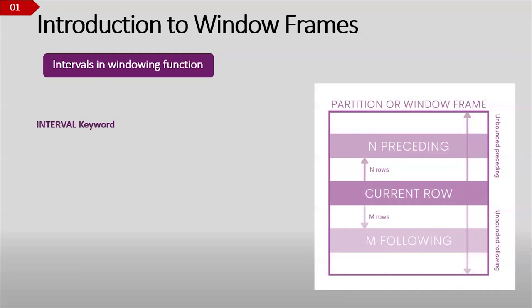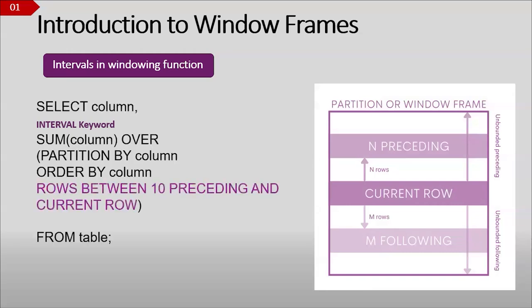What if you want to calculate some of the future values? For example, the current row, I want to calculate 2 rows after the current row, or 10 rows after the current row. So here it's very important. Let's take an example. You see the sum, for example, column over partition by any column, order by any column.